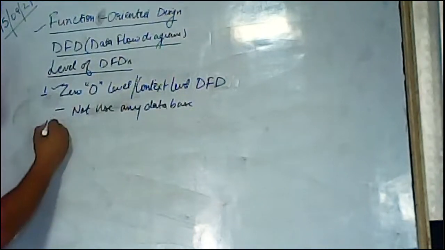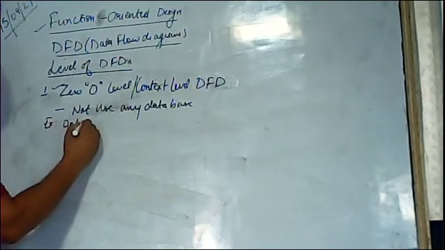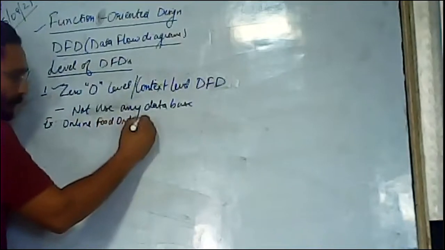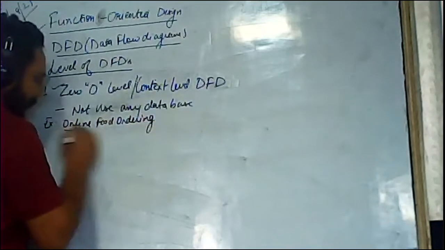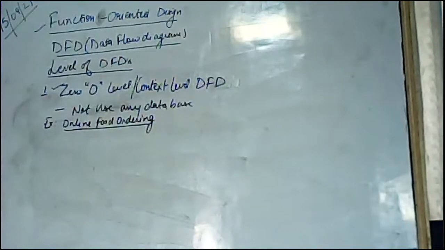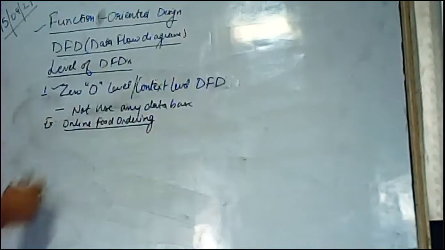I will show an example of online food ordering. The project is online food ordering. I will draw the zero level diagram of this system or project.